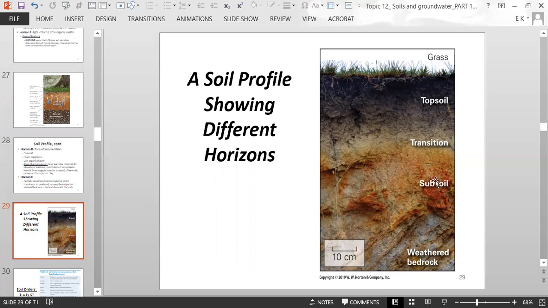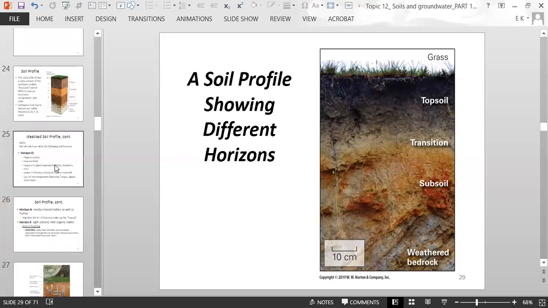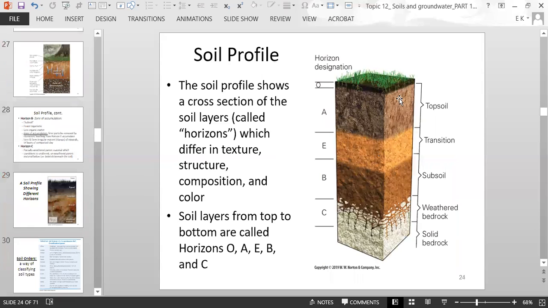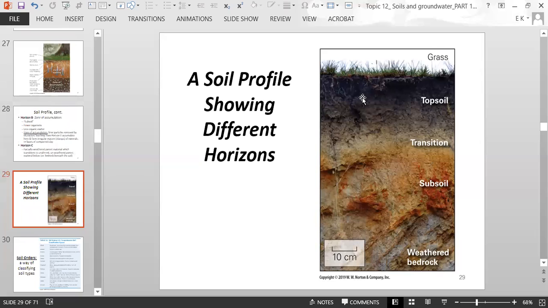That's your iron oxide that has accumulated down here in the zone of accumulation. This is your horizon E because it's a lighter color, right? Horizon E was lighter in color. And then this is your O and A at the top.